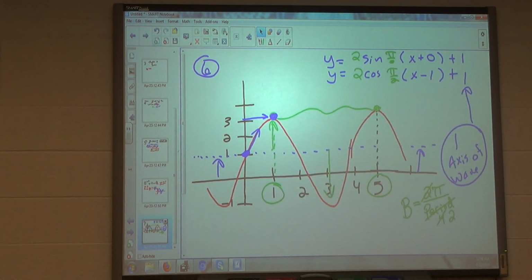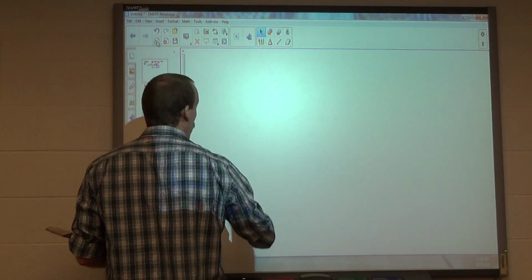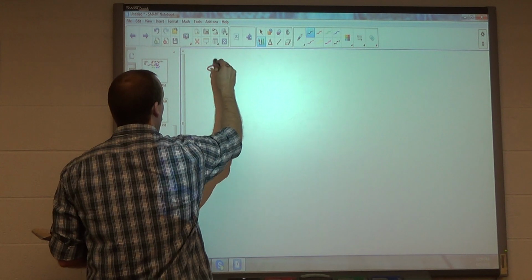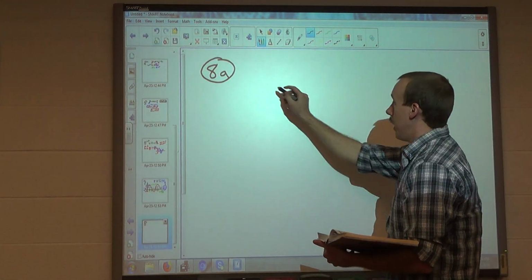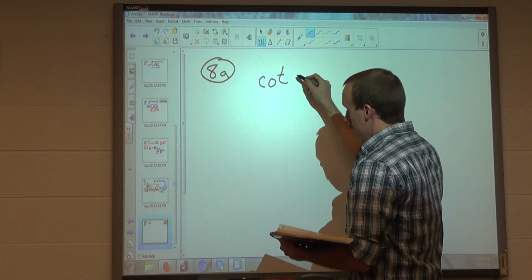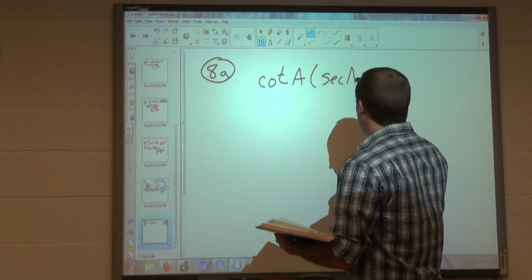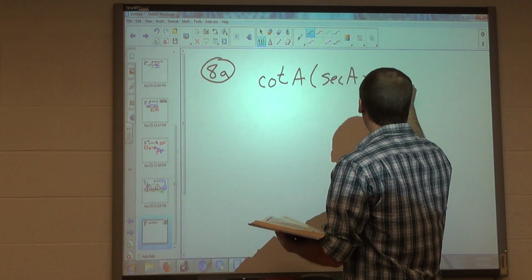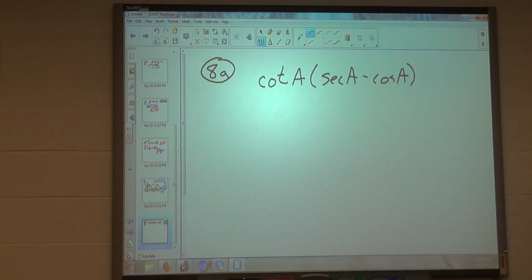Let's jump to 8A. Okay, so 8A we've got cotangent of A, secant of A, minus cosine of A. We're going to simplify.